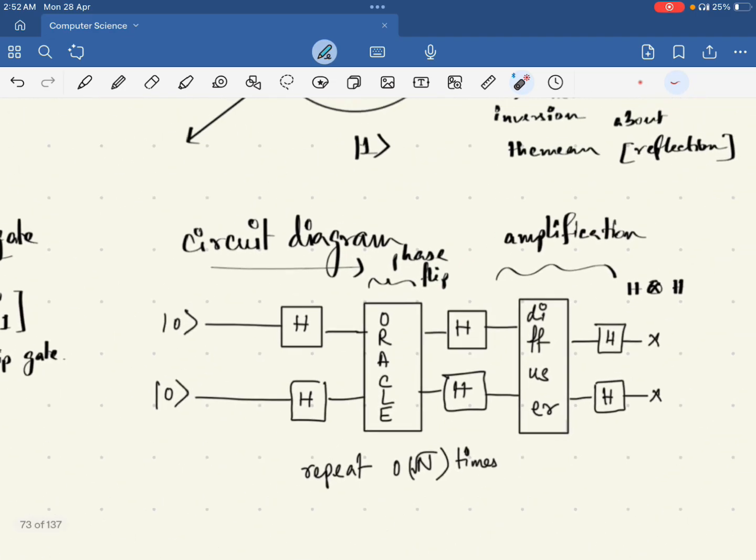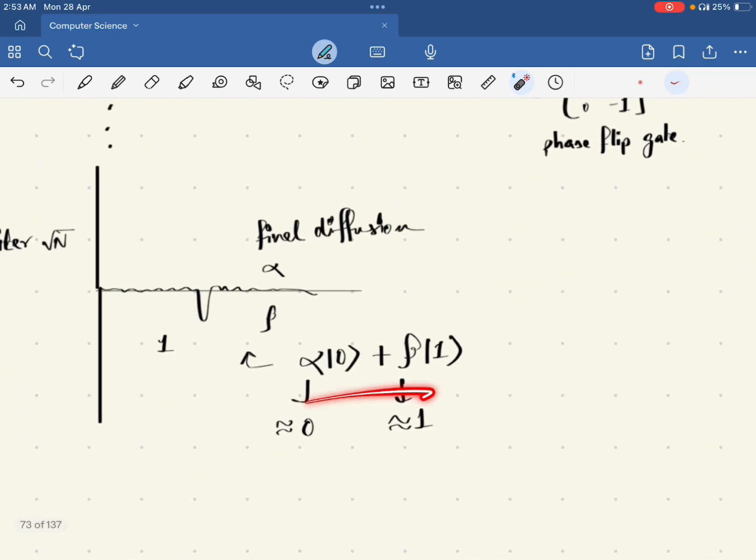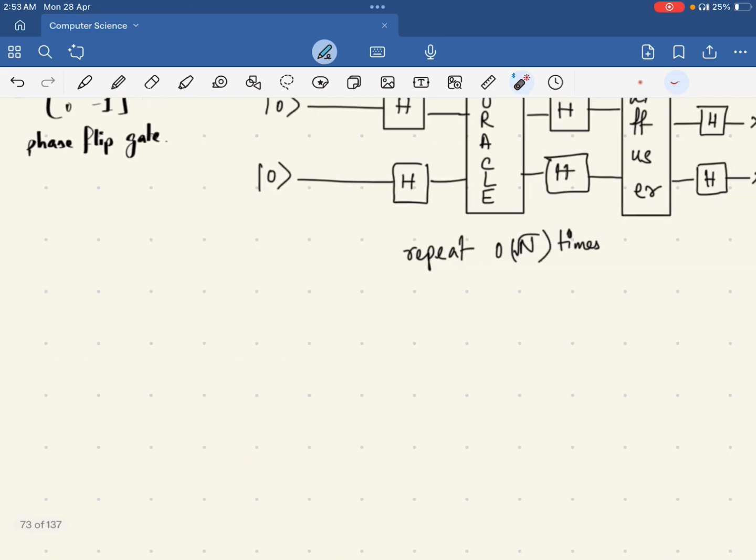Now after the final diffusion, we again pass it through the Hadamard gate for measuring, and upon measurement we can find whether the target is there or not.